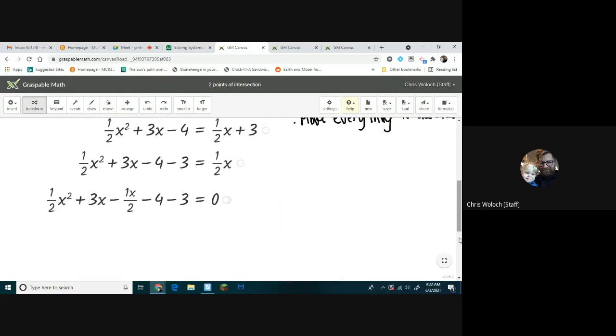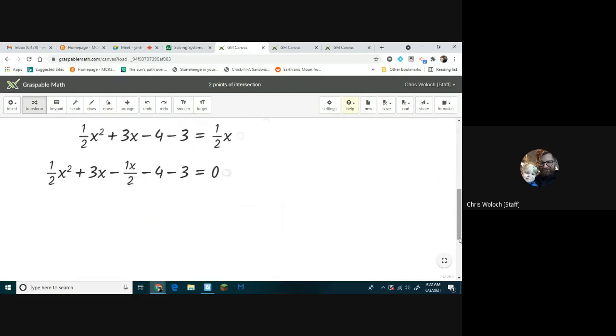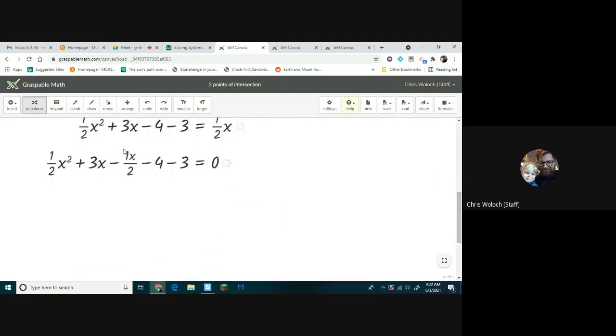I move the 1/2 x across, and it becomes a minus, right? And then this whole thing we can combine, and then this we can do. I don't know, what the heck? That's not going to work.